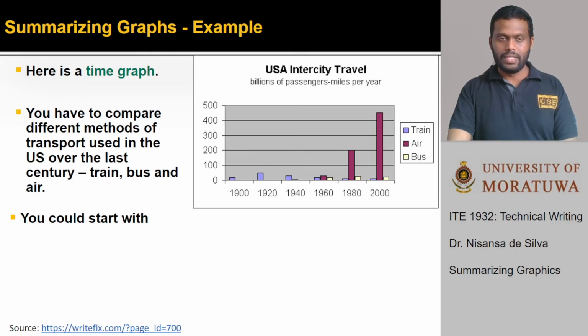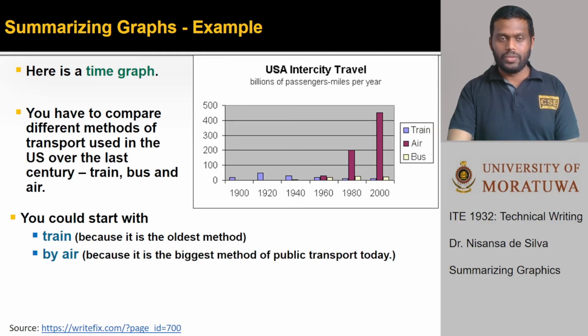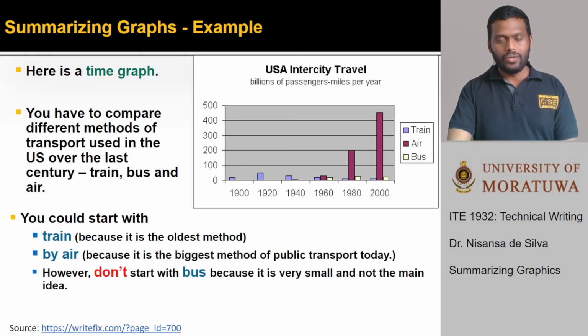You can start with train because it is the oldest method, or you can start with air because it is the biggest method of public transport today. However, don't start with bus because it is very small and it has never been large.